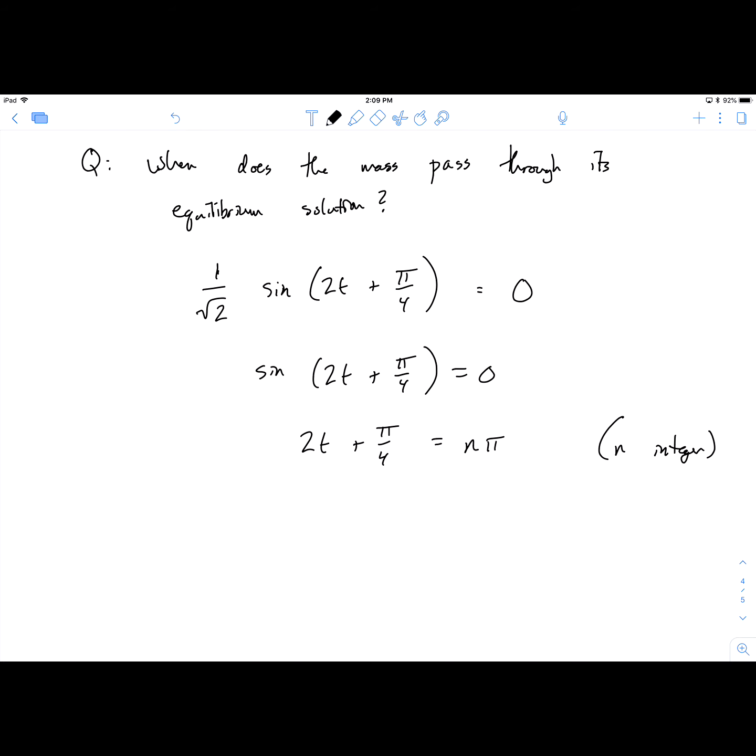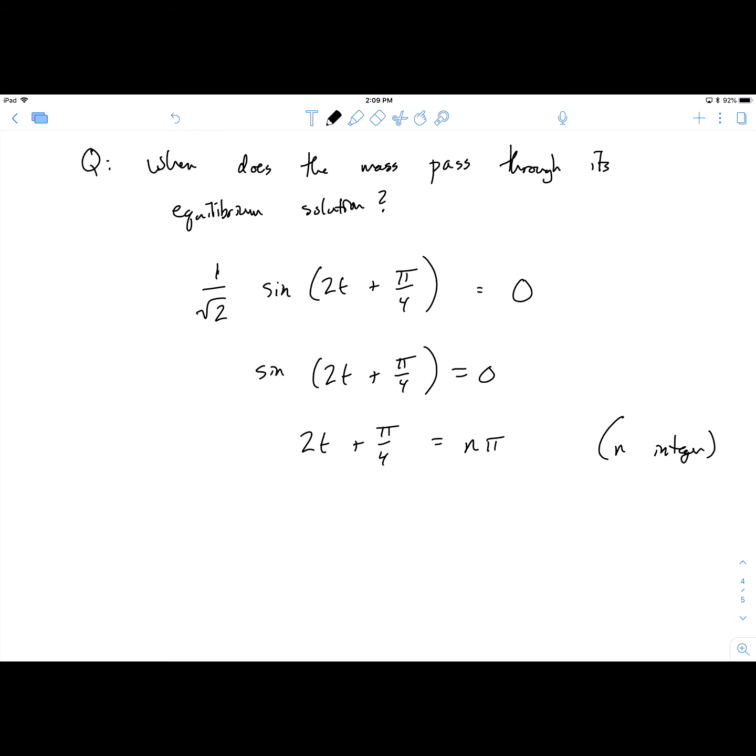So again, this happens infinitely many times. For any integer value, it's going to pass through. We're going to assume for a minute that we're not allowing t to go negative, so we'll cut off some of these, but we're looking in short for the first time it passes through. So to solve this, we can rearrange to solve for t.